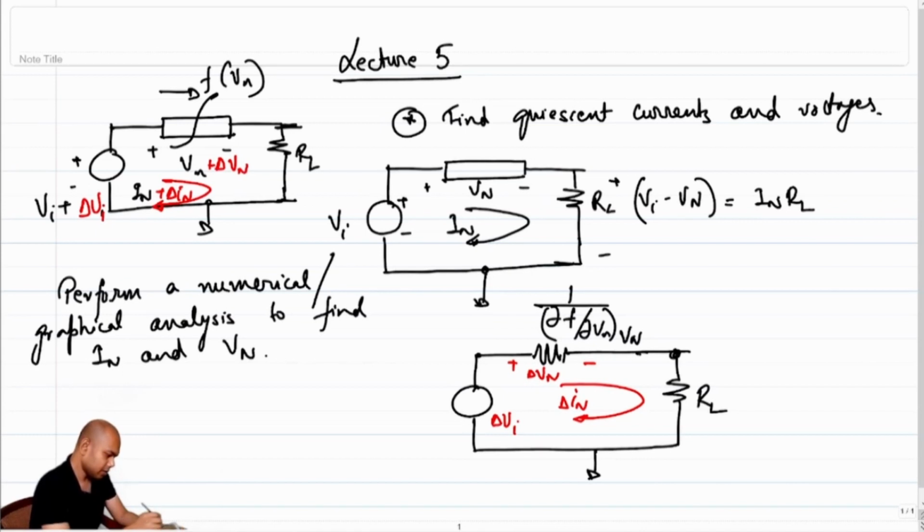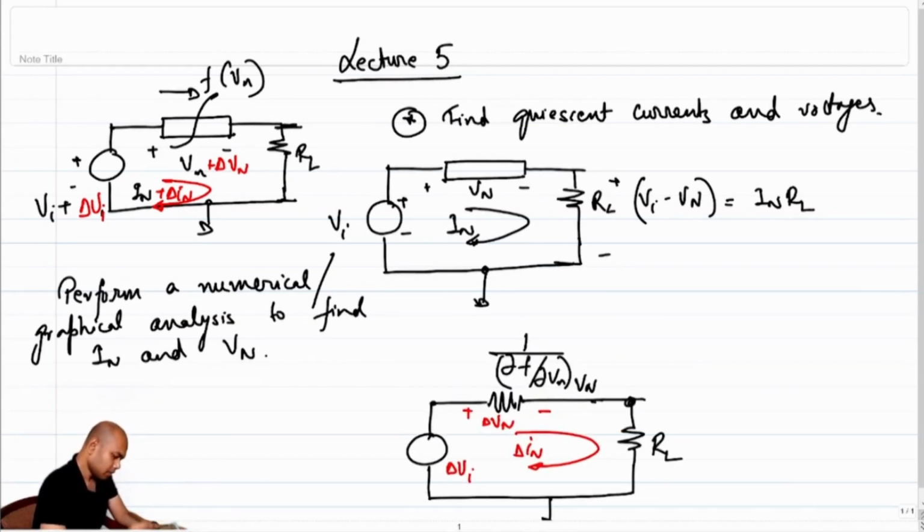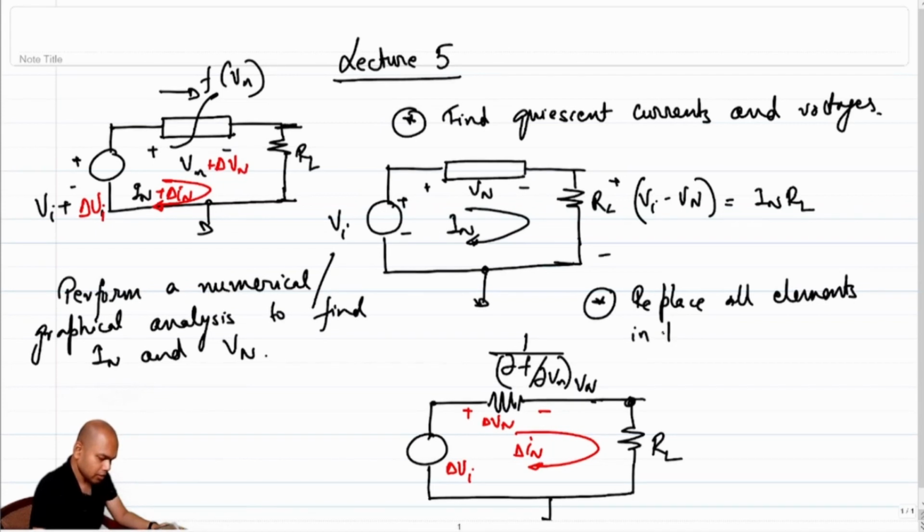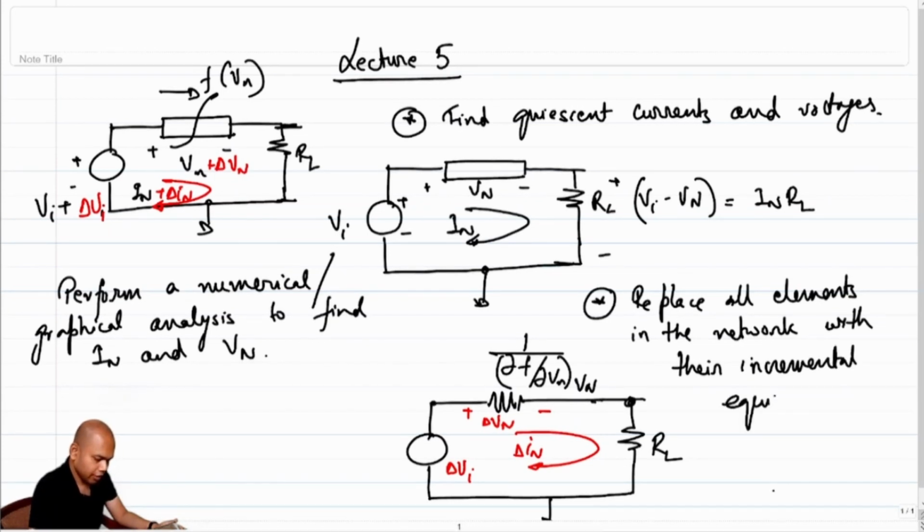This step was the second step: replace all elements in the network with their incremental equivalent, right?